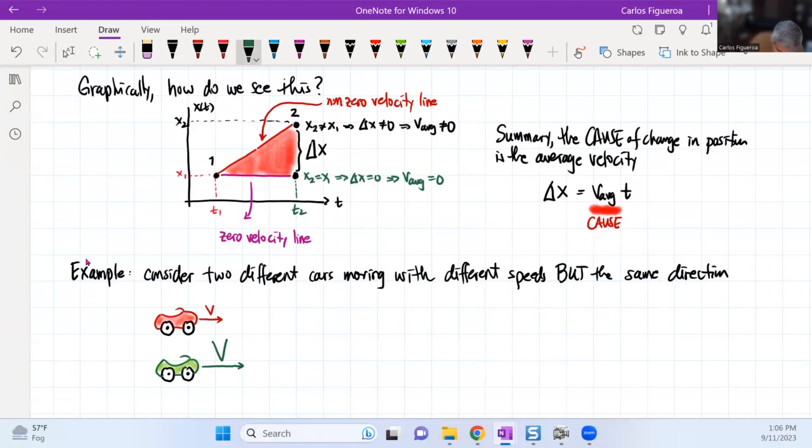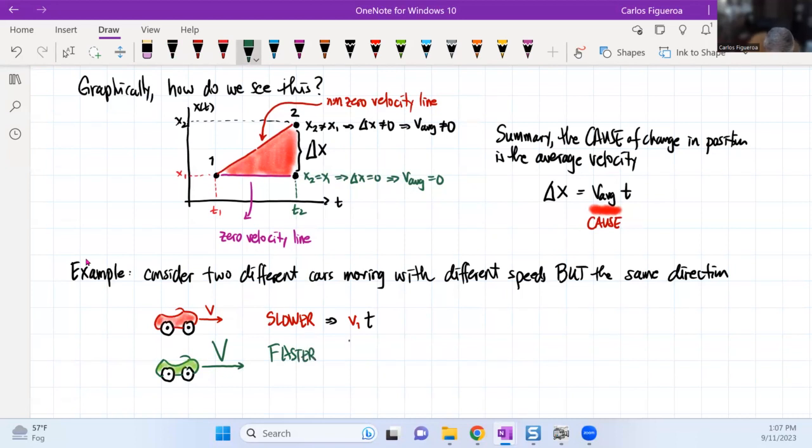If I look at this, we could say that in this case, this is slower. And because it's slower, that implies that its slope must be small. On the other hand, this is faster.